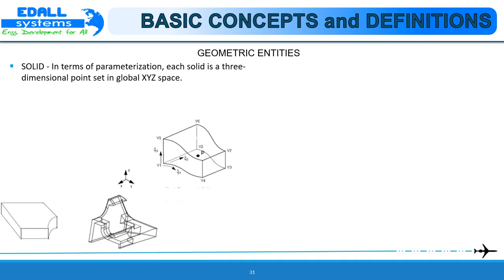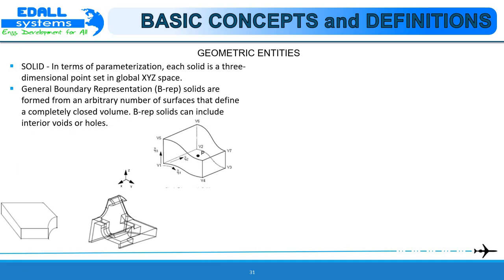Solid. Patran supports tri-parametric solids and general boundary representation solids. Tri-parametric solids have 4 to 6 surfaces with no interior voids or holes. Most solids created with the geometry application are tri-parametric. In terms of parameterization, each solid is a 3D point set in global XYZ space.